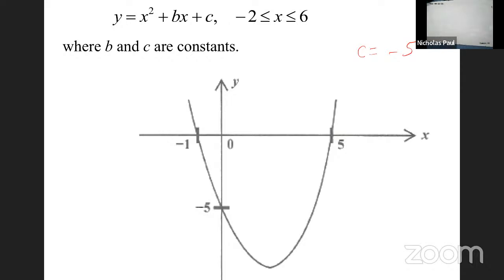They want you to find a way to show that B is -4. They want to show that.